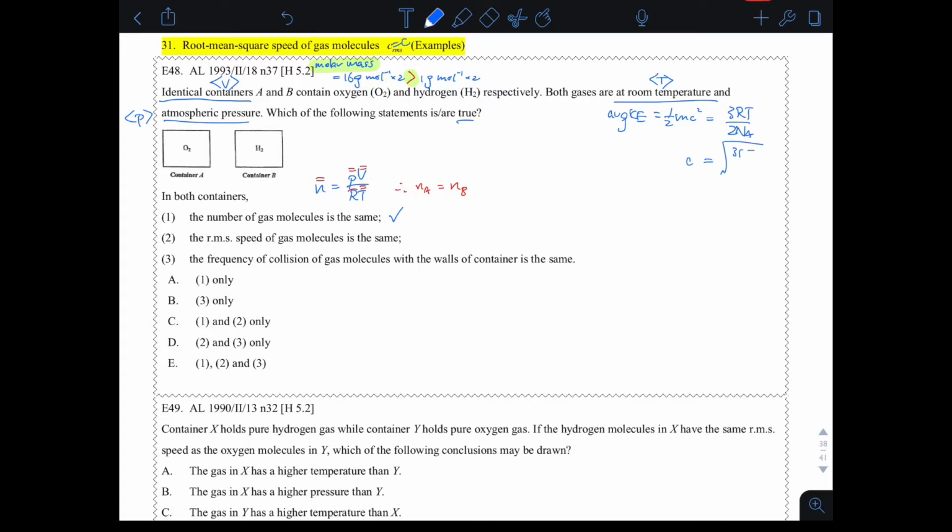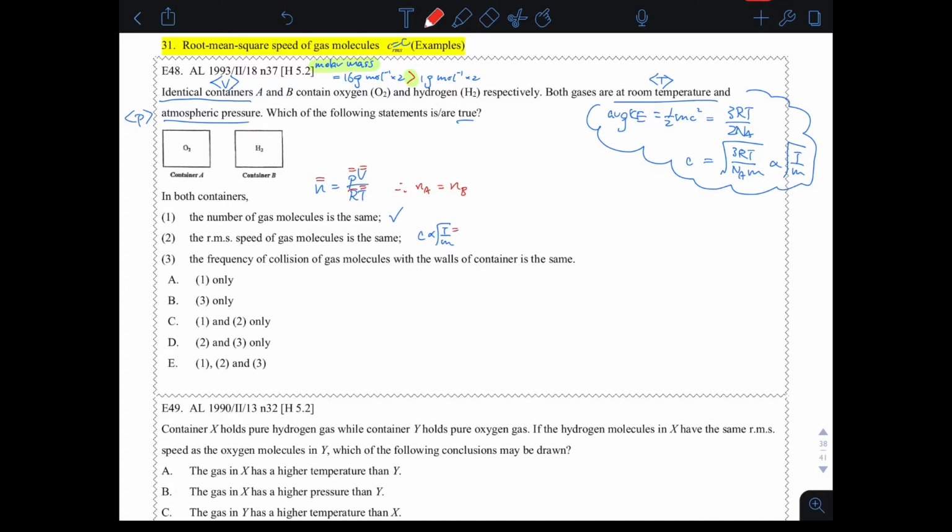By a simple change of subject, we can find that C is this, which is directly proportional to the square root of T over M. This is what we have in mind, and every time we will be thinking of this in these examples. So the root mean square speed is directly proportional to the square root of T over M.